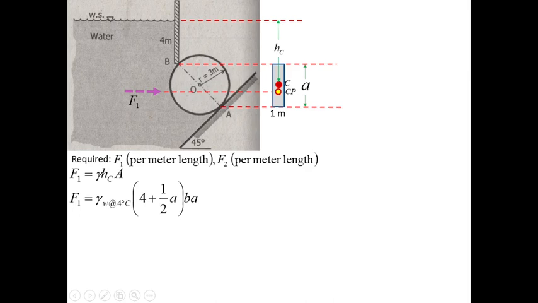So, ang ating solution, the unit weight of the liquid, which is water, is assumed at 4 degrees Celsius. HC is what? 4 plus yung centroid ng rectangle na to, 1/2 A, yung coordinate ng centroid, 1/2 A. So, 4 plus 1/2 A. Okay?